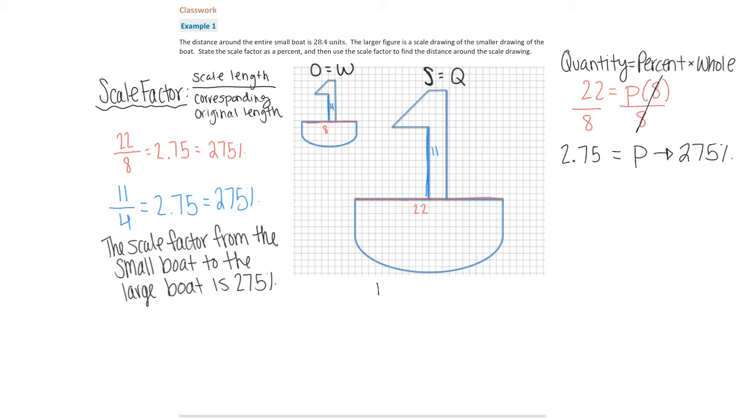Now we need to find the total distance around the boat. We don't know what the total distance around the large boat is, but we do know the entire distance around the small boat. And the small boat is going to be 28.4 units.